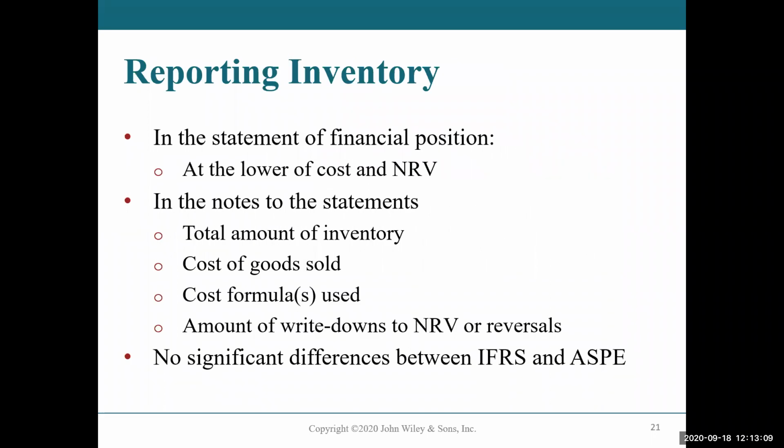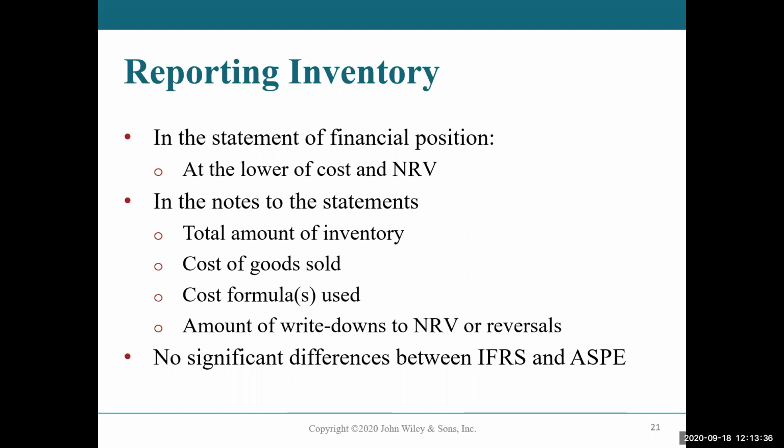Reporting the inventory. Your inventory is reported on your financial statement as a current asset, but as we said, it has to be at the lower of your cost and net realizable value. If cost is lower, then you don't have to adjust anything. But if it is net realizable value, then you have to make an adjustment and make sure your inventory is sitting on your statement of financial position at the lower of cost or net realizable value.